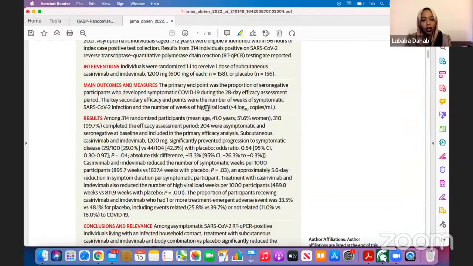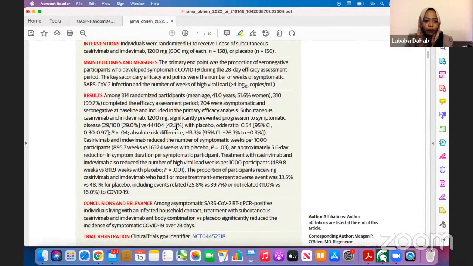So two secondary outcomes were identified in this study as well. And here they describe the results: 40 or 56% of the participants were women, 51.6 were women, and 9.7 completed the efficacy assessment period. So the loss was, I think, 3 participants. They did not complete the trial.